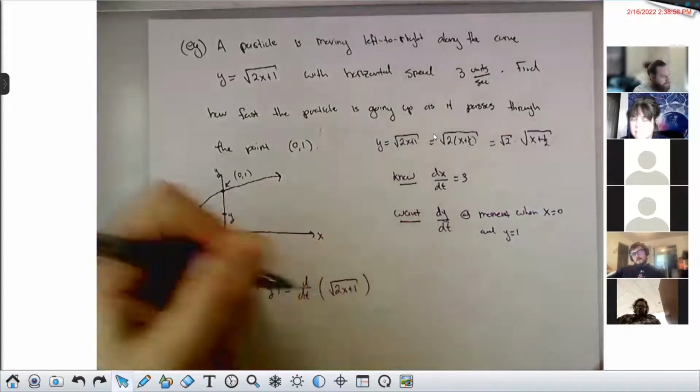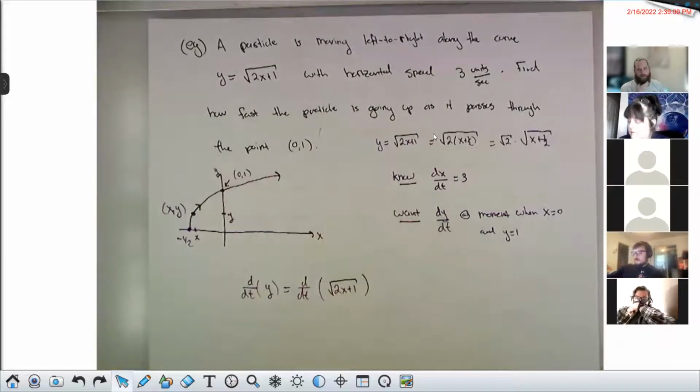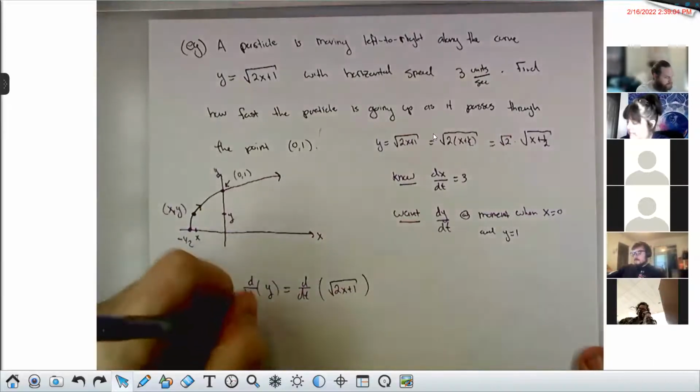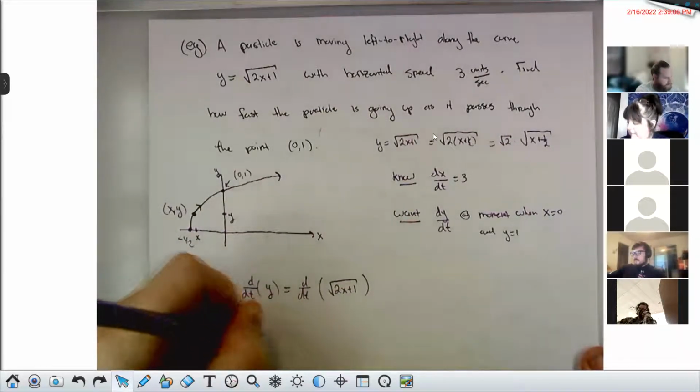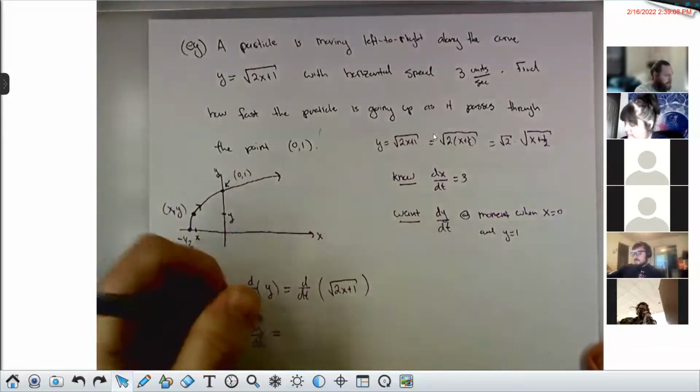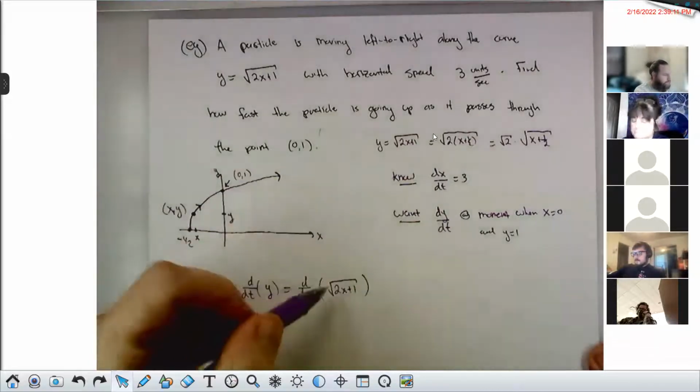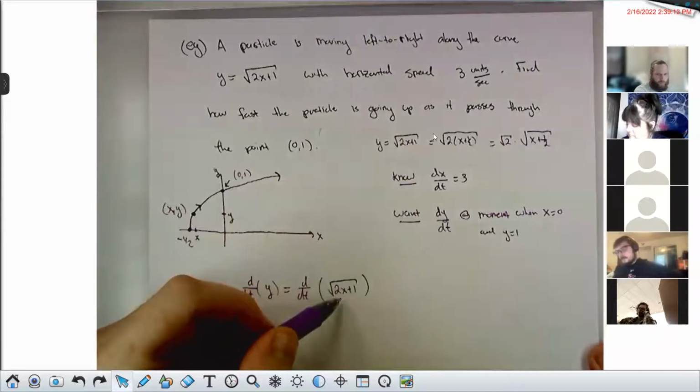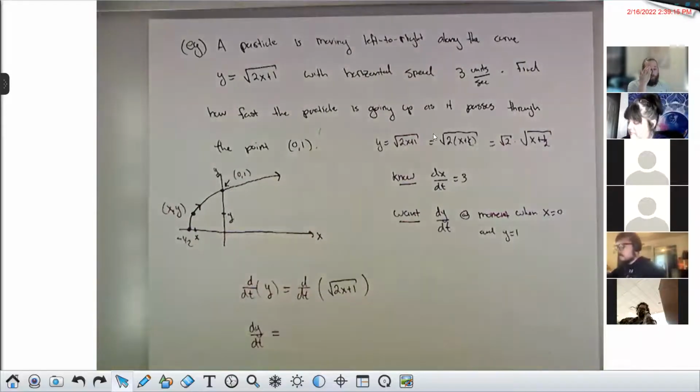Of this relation, and seeing what we get. d/dt of y is just dy/dt. On the right-hand side, we may want to remember this is (2x + 1) raised to the 1/2 power that we are differentiating.